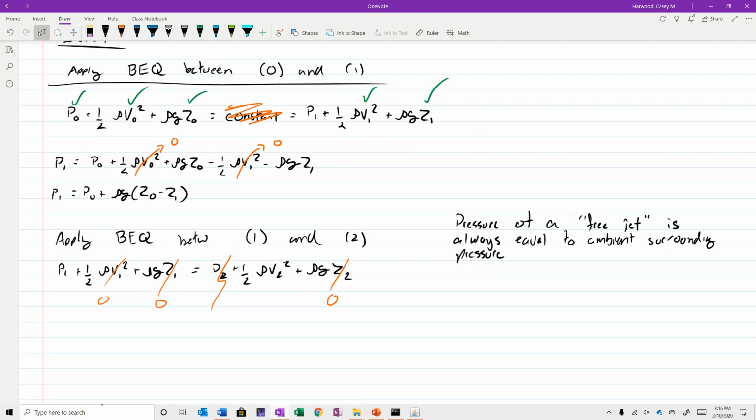So in this case, that means that the pressure at point 2 is equal to atmospheric pressure. Or since we're working in gauge, we can say P2 equal to 0, right, gauge pressure.